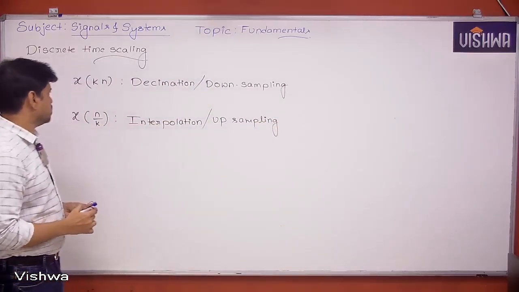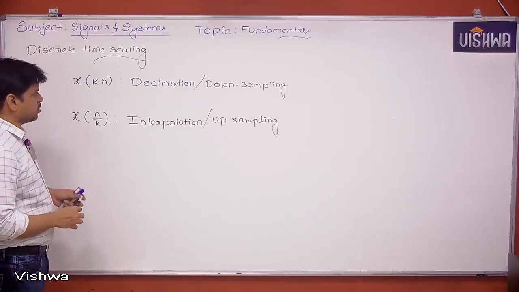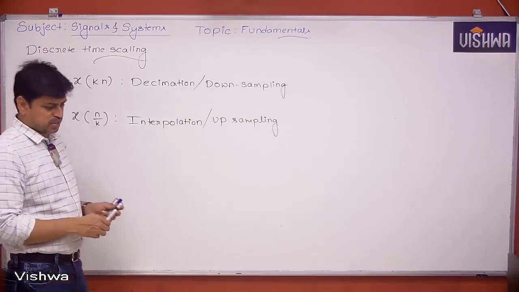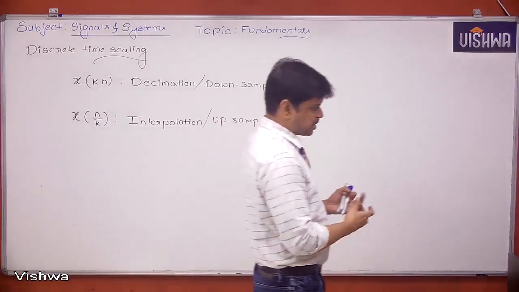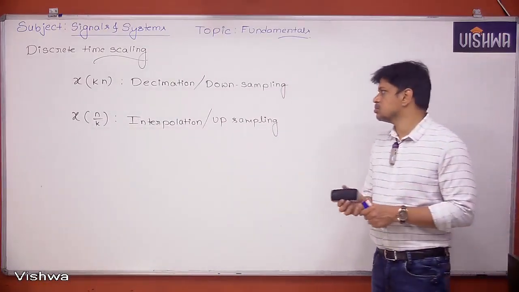So this is decimation or downsampling, and upsampling. Try to understand. First take this, then we will see one example of how we can solve this kind of thing. What do you mean by upsampling? What do you mean by decimation?